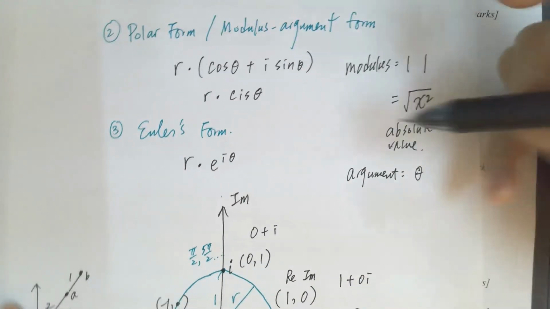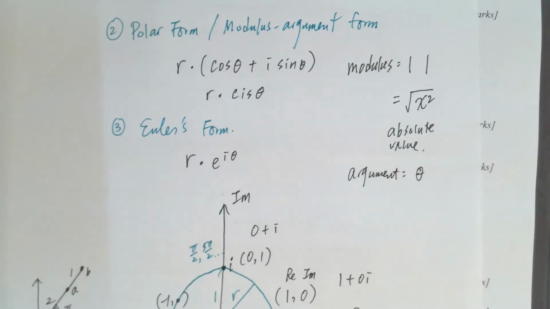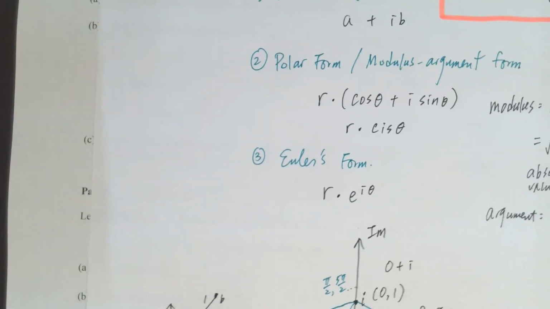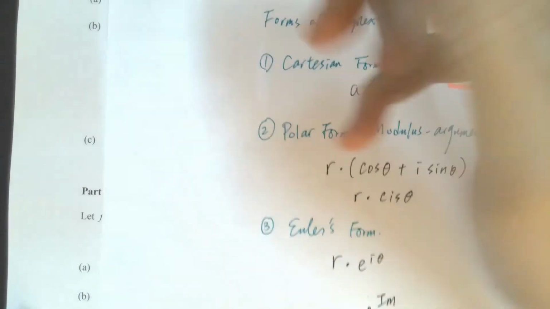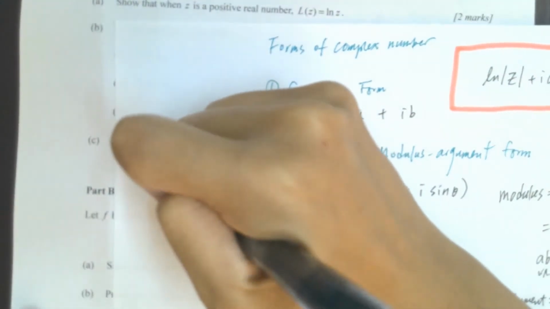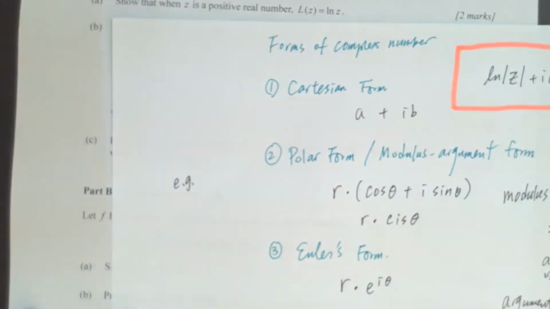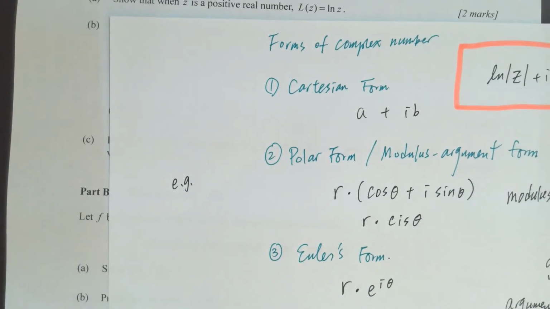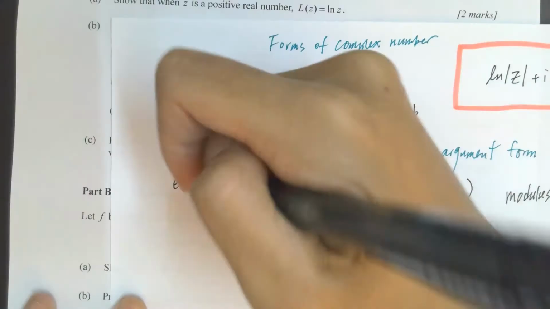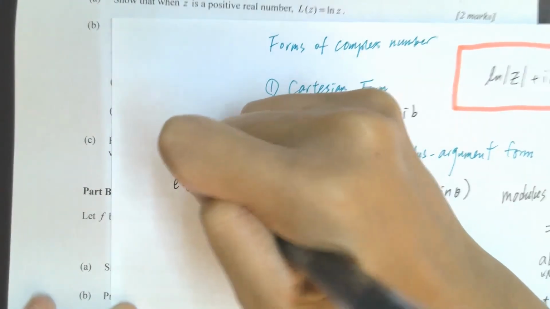So let's recall how to define all of these. Let's say, for example, the number i itself.